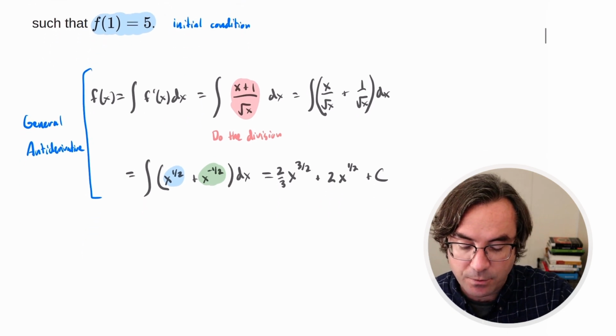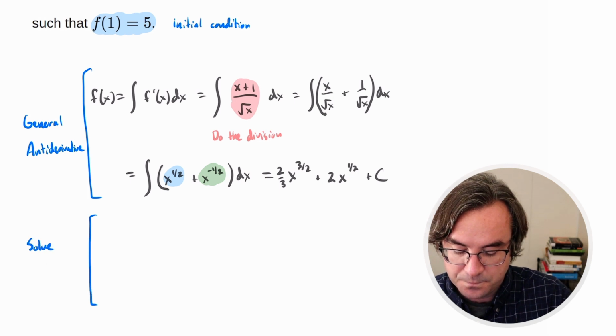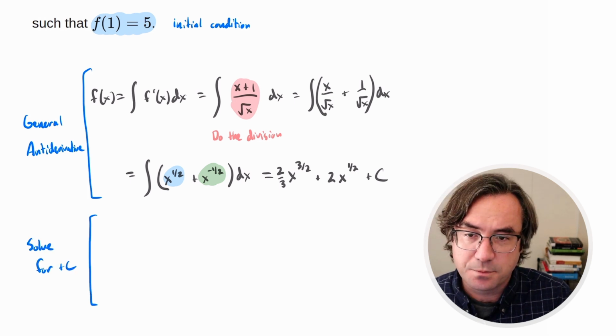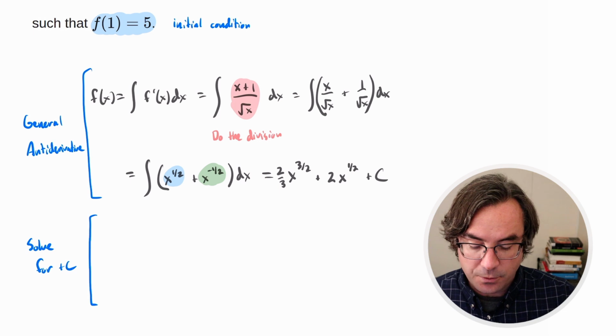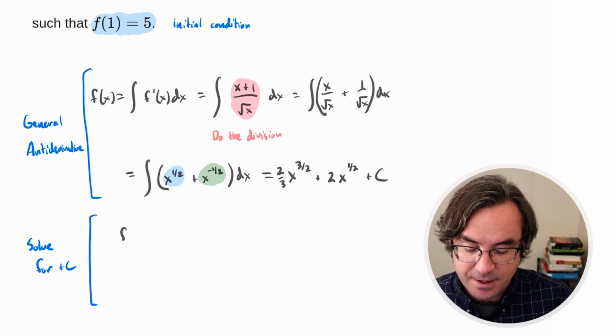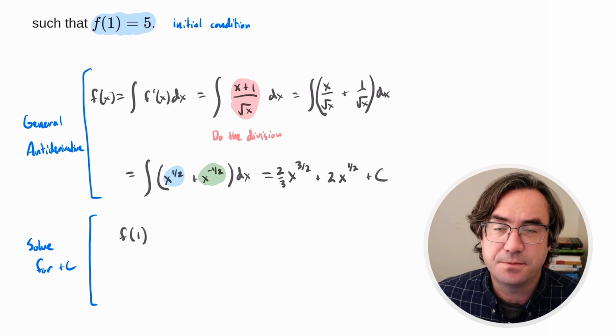All right, so let's see how that works. So we're going to solve for plus c. All right, so we know that f of 1 should be equal to 5.